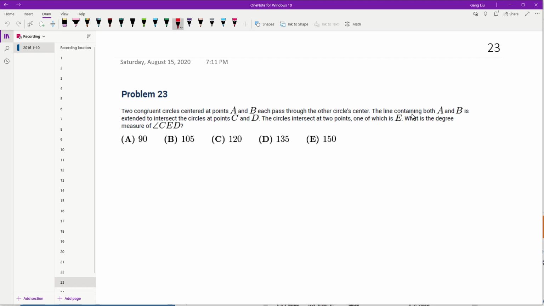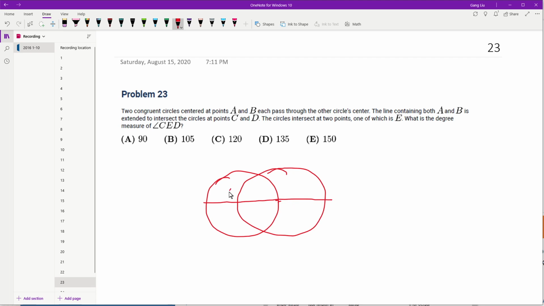The line that contains both A and B is extended to intersect the circle at points C and D. So this is A and B and C and D. The circle intersects at 2 points, one of which is E. What is the degree measure of CED?